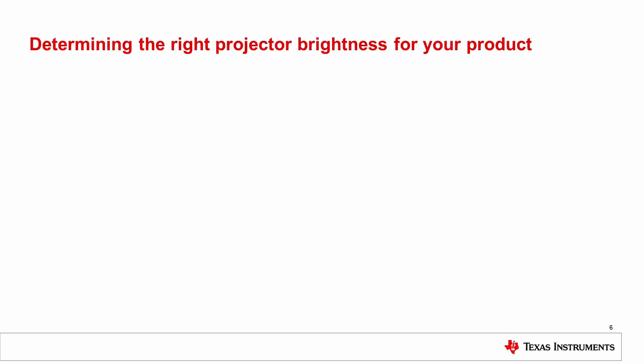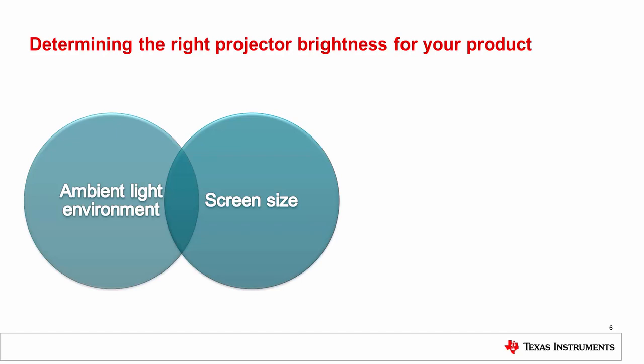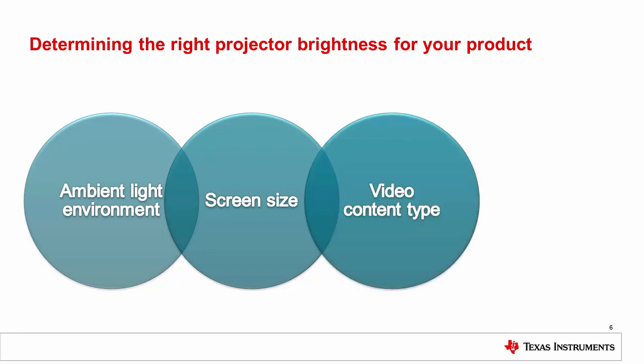Many factors come into play when we want to determine a projection system's brightness requirements. The first factor is ambient light environment. Another is screen size. The impact of these two factors will be discussed further in the next slides. The next factor is video content type. The brighter the image content, technically the higher the average picture level is, or the more colorful the image content, technically the more saturated the colors are, the fewer lumens are needed to create an image that appears bright or is acceptable for a specific application.